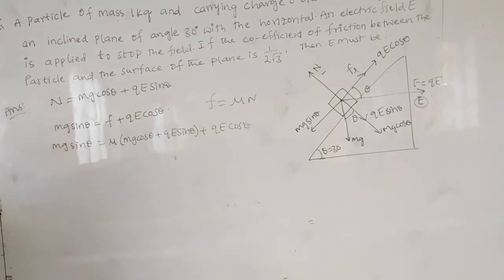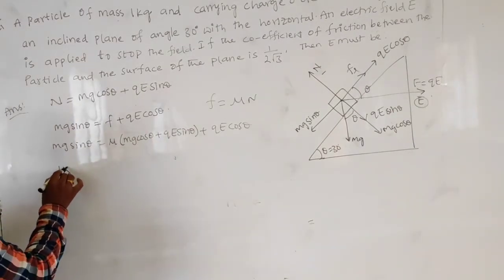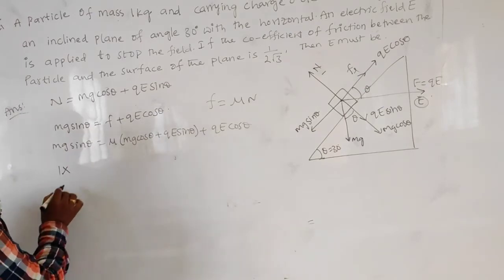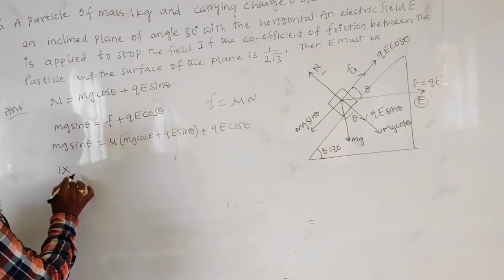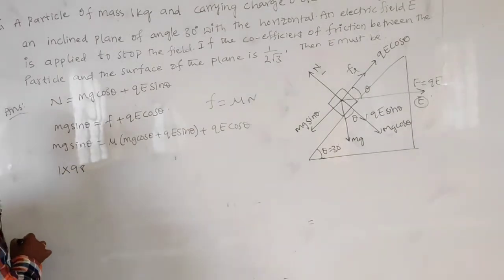So now we have to find E. M means 1 kg. G, we may take it as 9.8 or 10. 9.8.